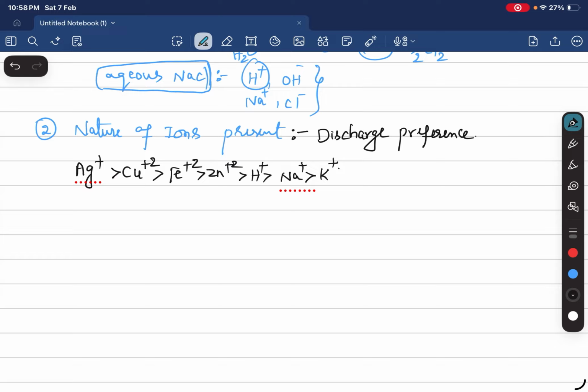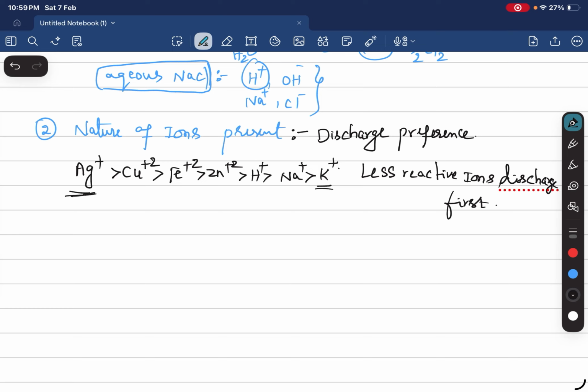You can write: less reactive ions discharge first. So Ag+ discharges first, K+ discharges last.